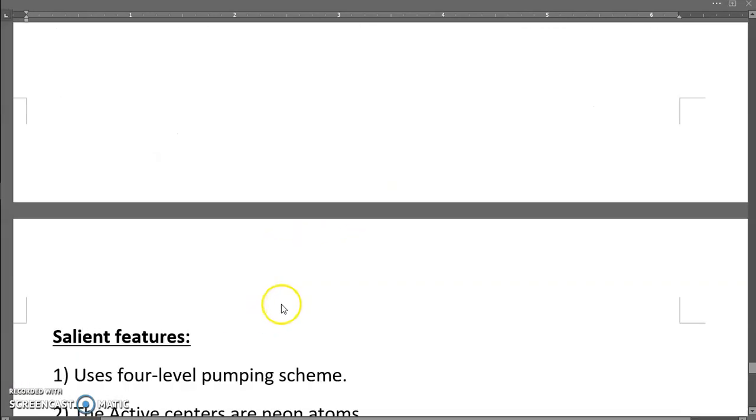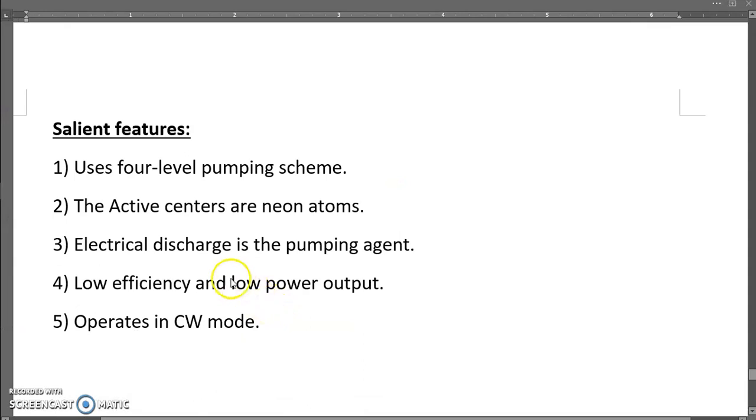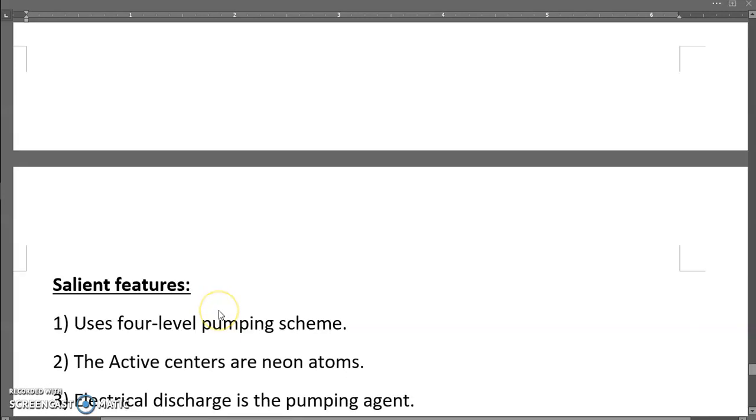Now, the salient features. It uses a 4-level pumping scheme. Active centers are neon atoms. The electrical discharge is the pumping agent. There is low efficiency and low power output. It operates in CW mode, that is continuous wave mode.